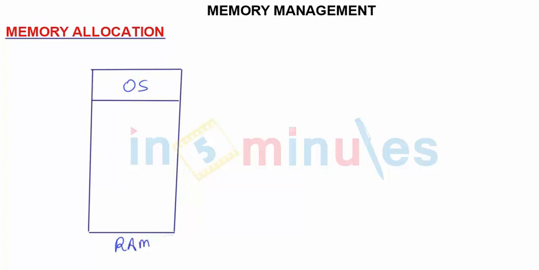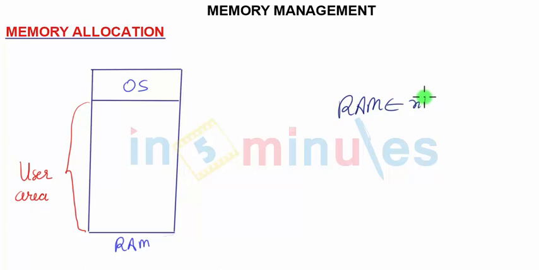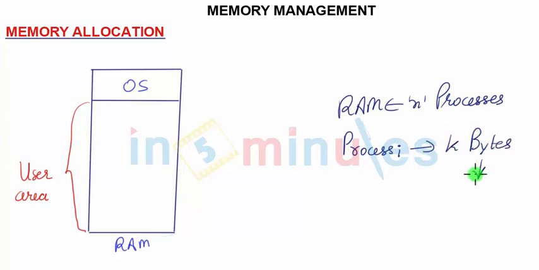This is the OS area, and this particular part can be understood as the user area. As I was saying earlier, at any given moment of time, RAM would consist of multiple processes. Each ith process may require k bytes in RAM.